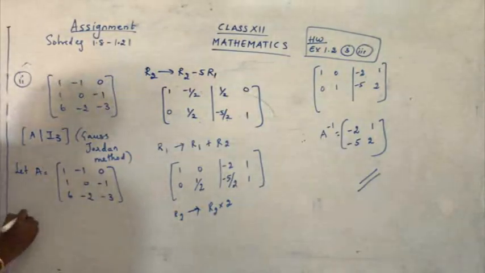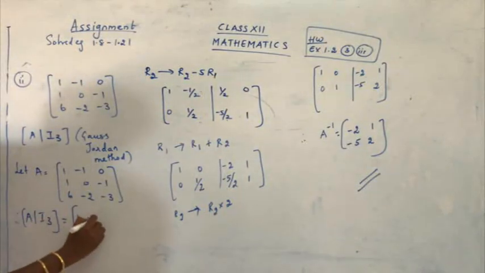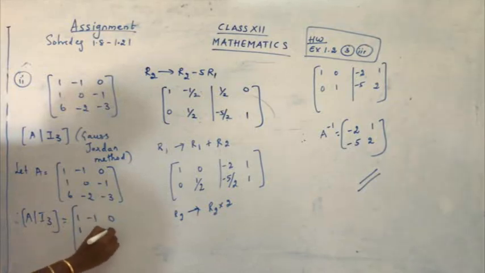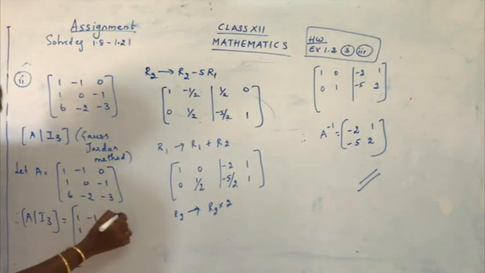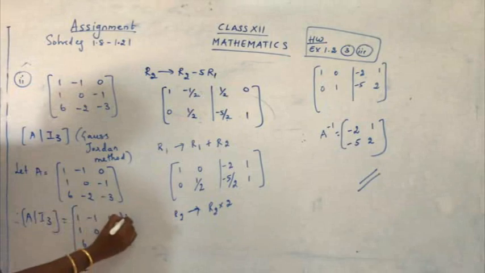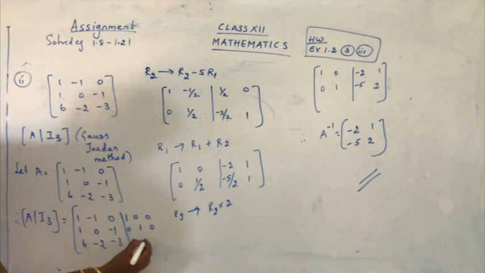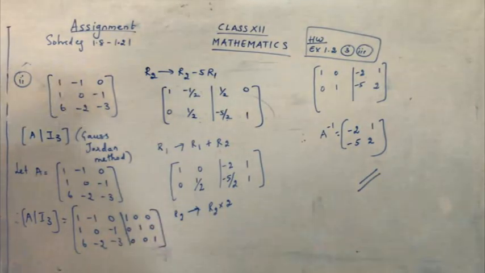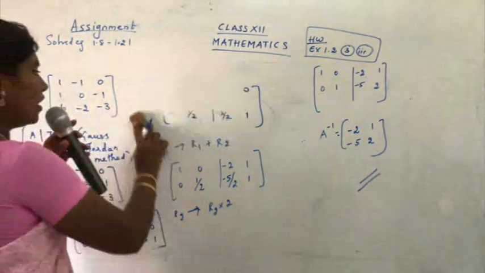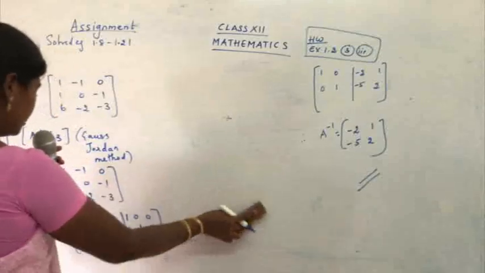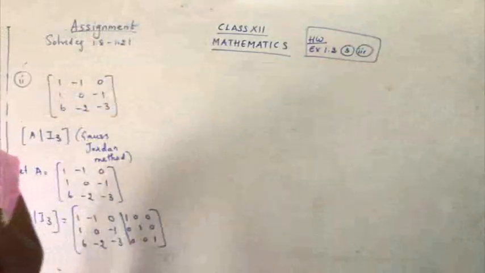So therefore, A by I3 is equal to 1 minus 1 0, 1 0 minus 1, 6 minus 2 minus 3, and here we have an augmented line and we have I3, which is 1 0 0, 0 1 0, 0 0 1. So we have taken down the augmented matrix. Now let's see how to change the rows by using elementary row or column transformations.